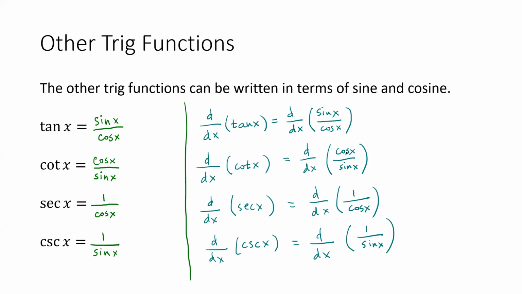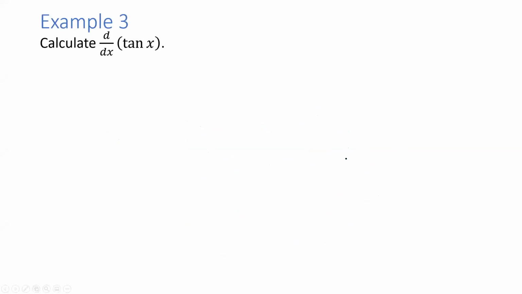So let's actually work one of them out here. Let's work out tangent. So we know the derivative of tangent, like we wrote a second ago, is the derivative of sine over cosine.